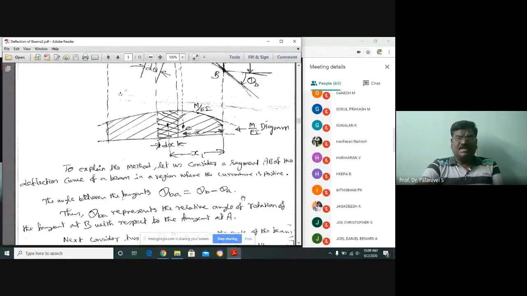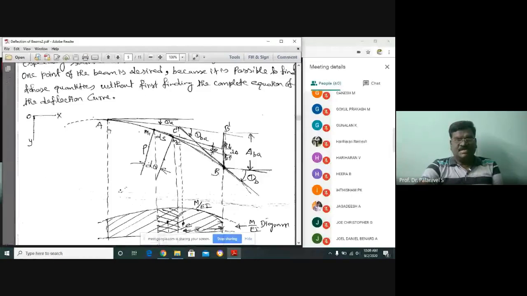To explain the method, let us consider the segment AB of the deflection curve of a beam in a region where the curvature is positive. Okay, we have considered that.